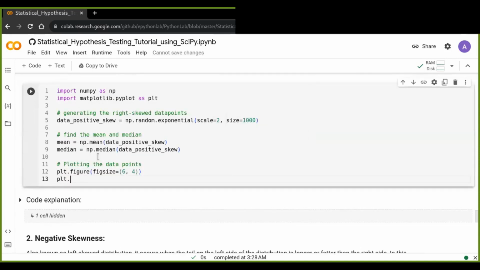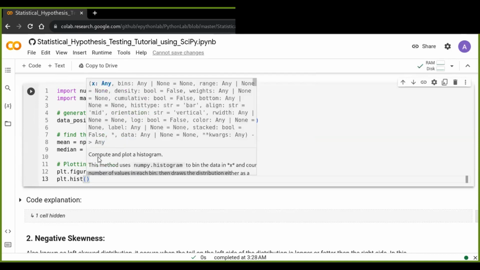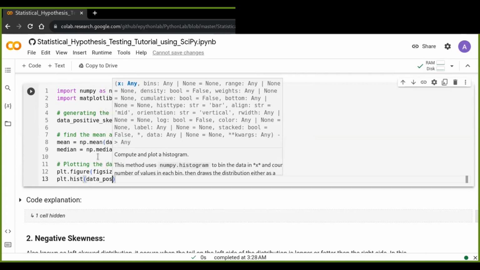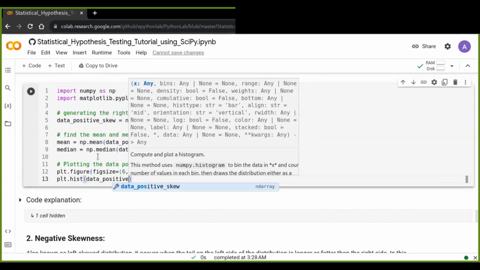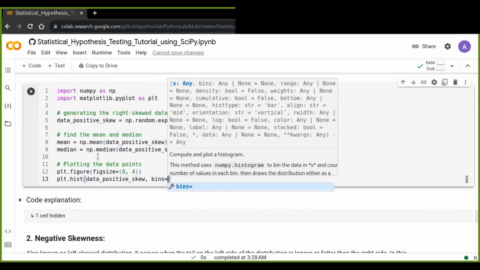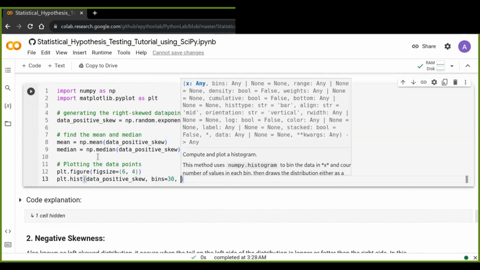And the histogram. Histogram is one of the most powerful visualization tools that is used to visualize the distributions of the data points. That is very essential. Then I can pass the data I have generated, and the bins, that is a very essential parameter that is passed to the hist function that is used to divide the data points into 30 bins or intervals.